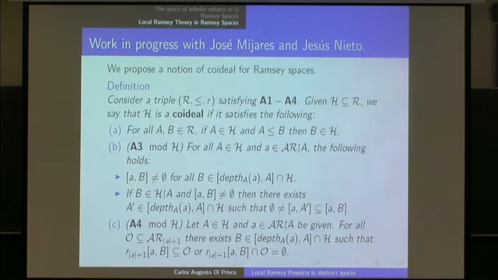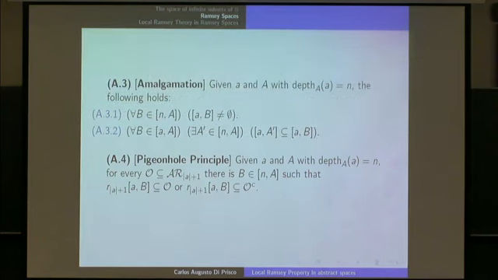With those axioms, Todorcevic proved that you can reproduce the theory of Ramsey properties.